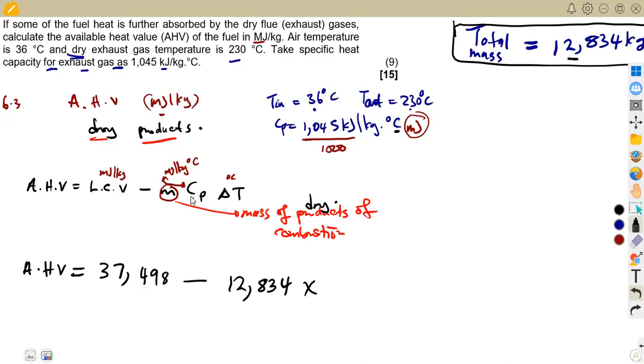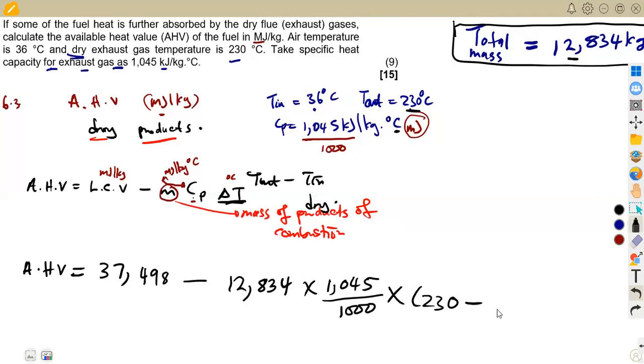Anything in kilojoules per kg to be converted to megajoules, we divide by 1,000. So it's going to be 1,045 kilojoules over 1,000. Now it's in megajoules per kg per degree Celsius. So we can multiply by the change in temperature, which is simply T out minus T in, in degrees Celsius, because this is taken per degree Celsius. That is 230 minus 36.